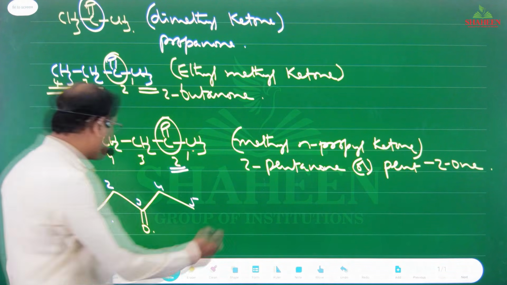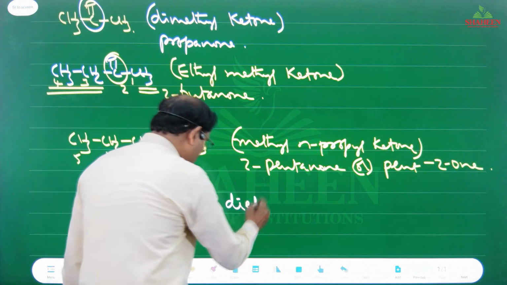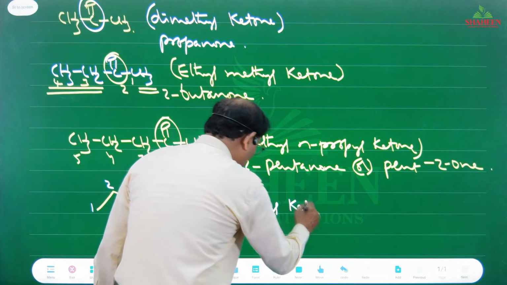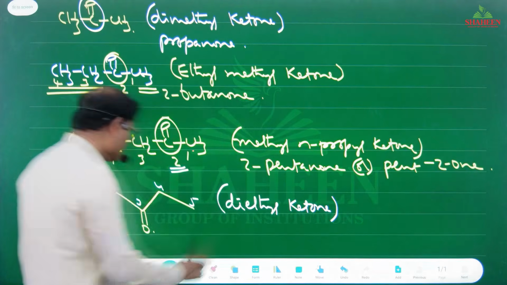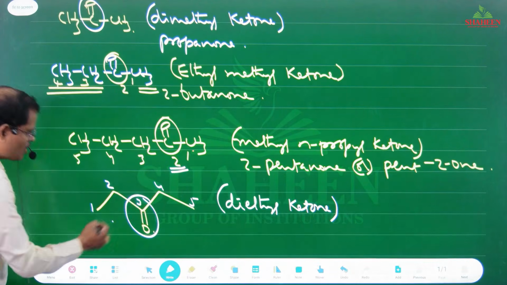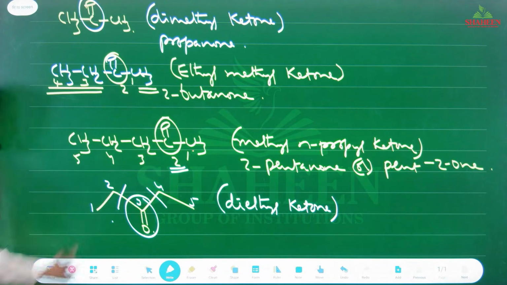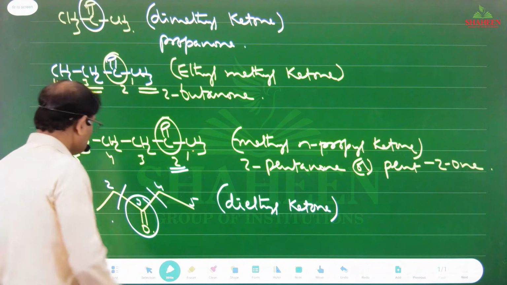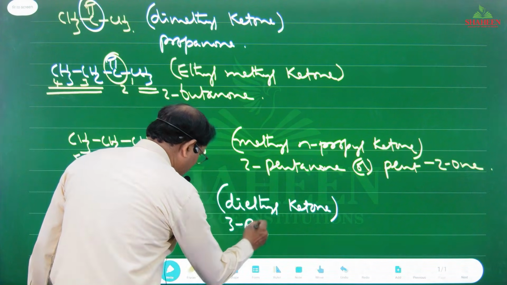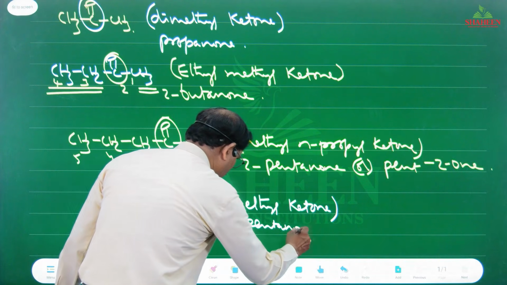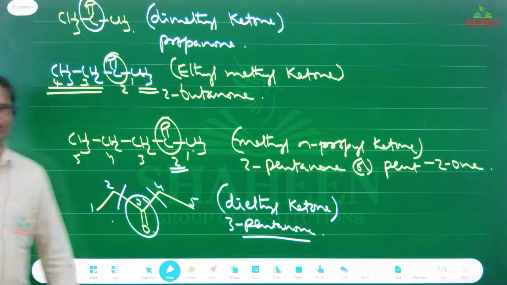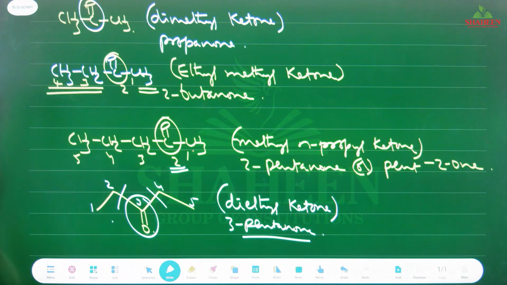This is called diethyl ketone. Why diethyl ketone? On both sides of the functional group we have ethyl groups. That is why diethyl ketone, and 3-pentanone is the IUPAC name.